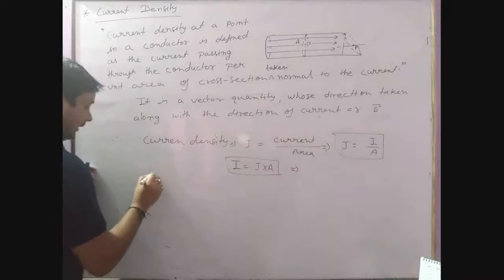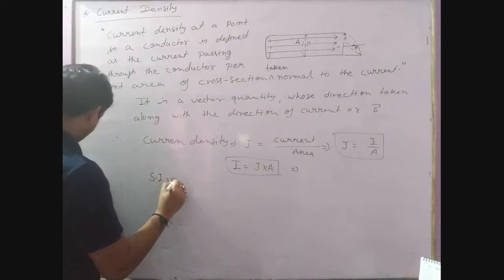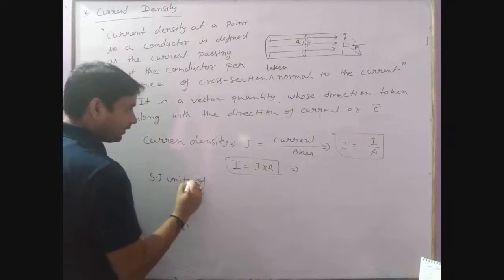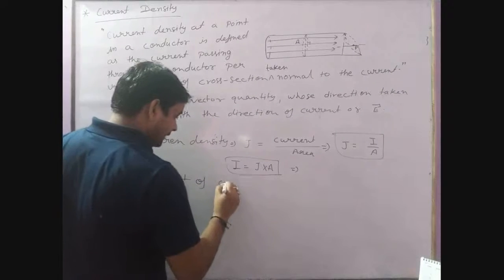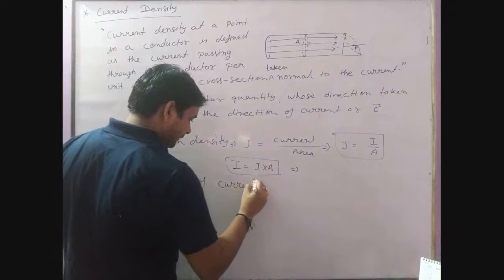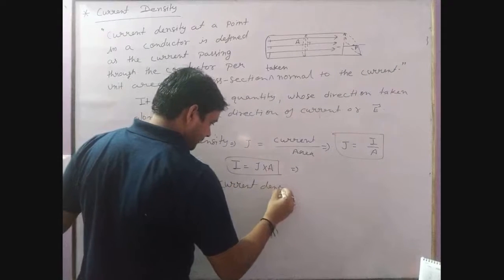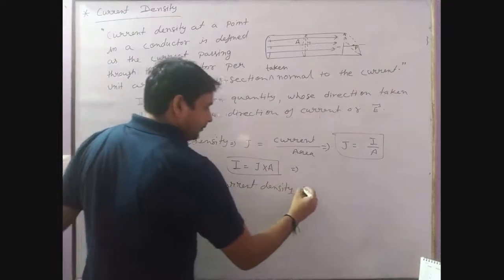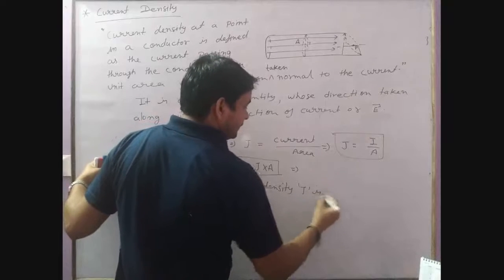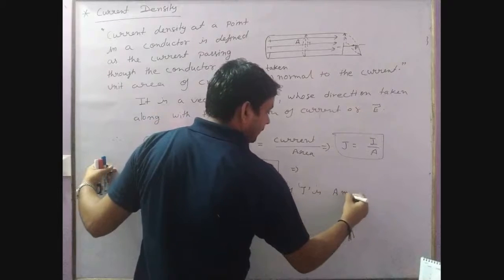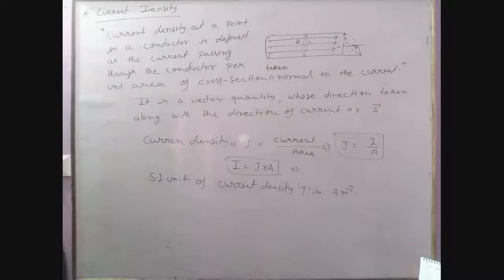The SI unit of current density J is ampere per meter square.